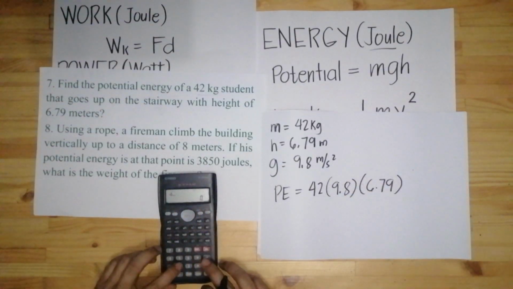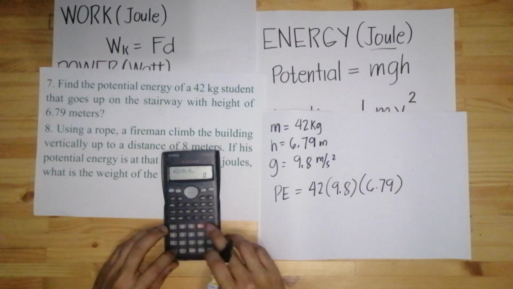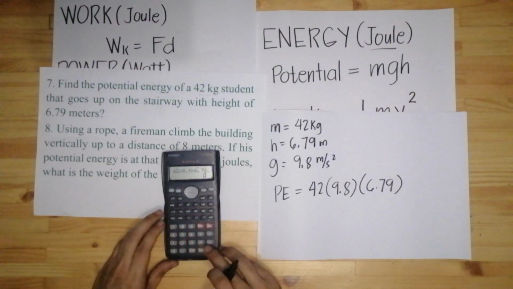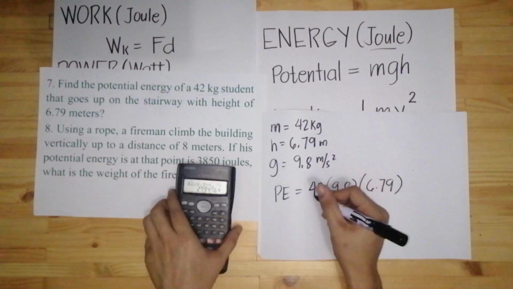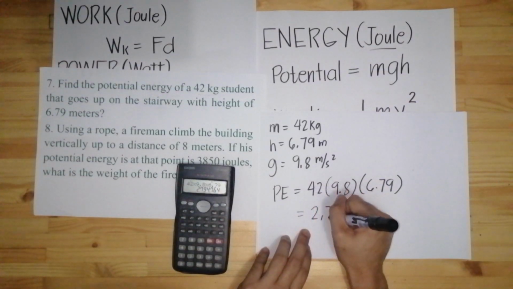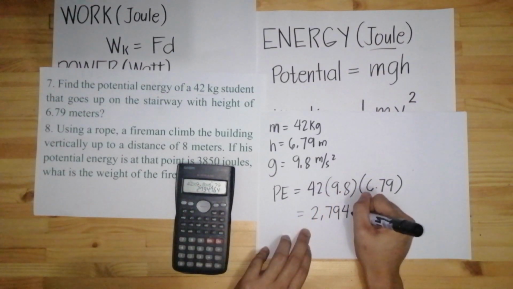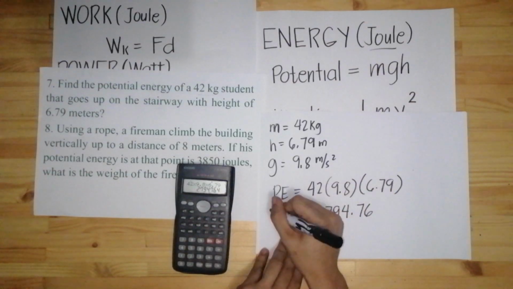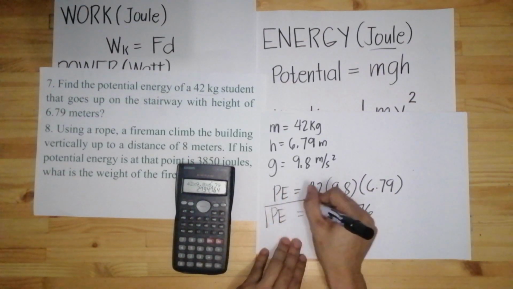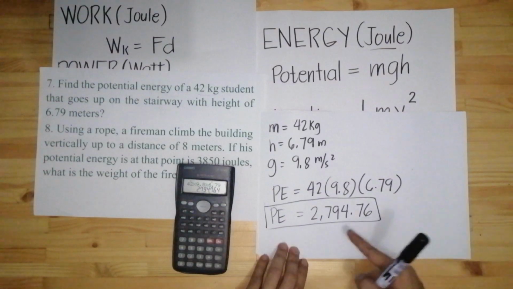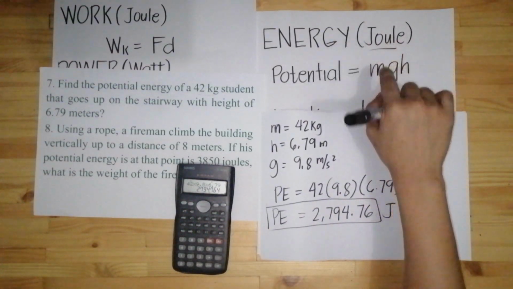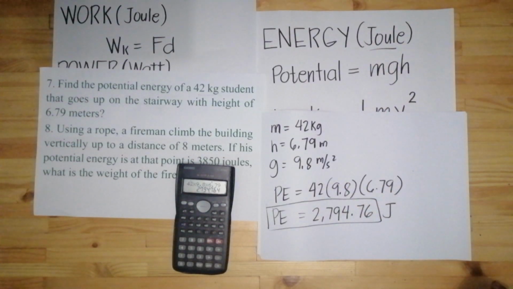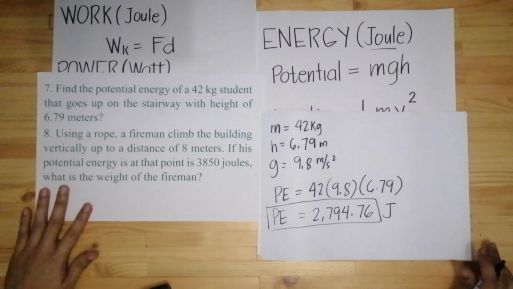Multiply lang natin. 2,794.76 potential energy. So the unit is still joules. Potential energy and kinetic energy has a unit of joules.